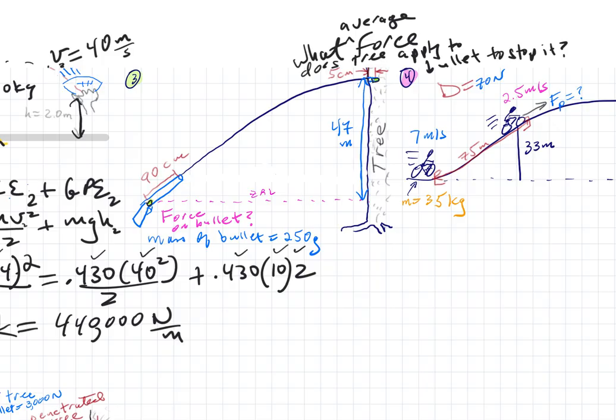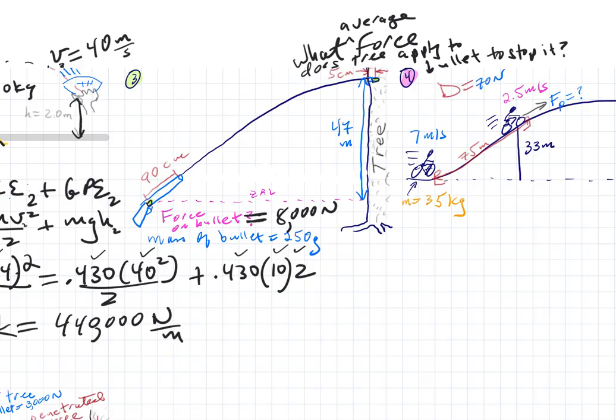So the tree's going to apply a force so the bullet doesn't go all the way through the tree. The force on a bullet, let's say, is 8,000 newtons. Okay, so let's solve that problem using conservation of energy principles.